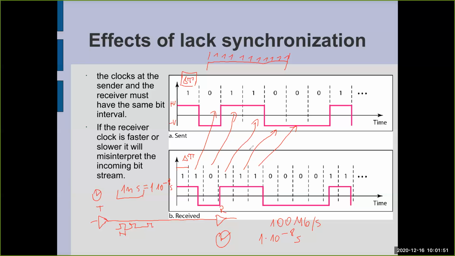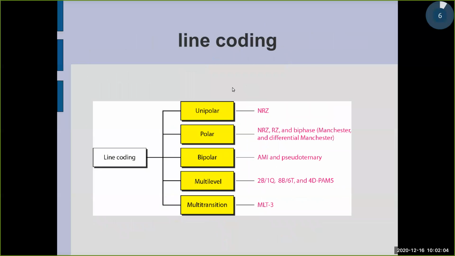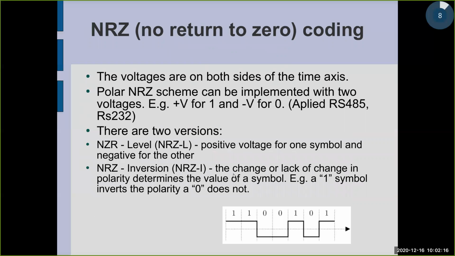Okay, so how can we cope with lack of synchronization? Of course, we can use line coding, yeah? So, or proper line coding. So there are several line coding methods.